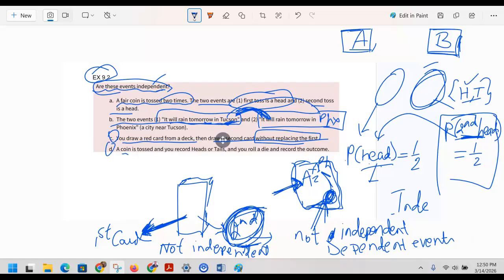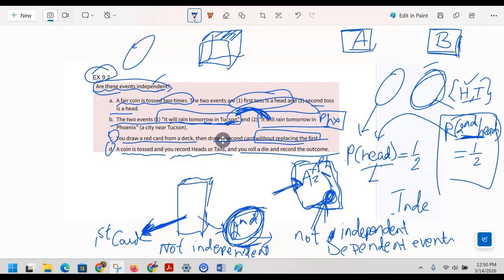Then D, a coin is tossed and you record head or tail, and then you roll a die. Now remember, whatever number shows up while rolling a die is not affected by the coin.